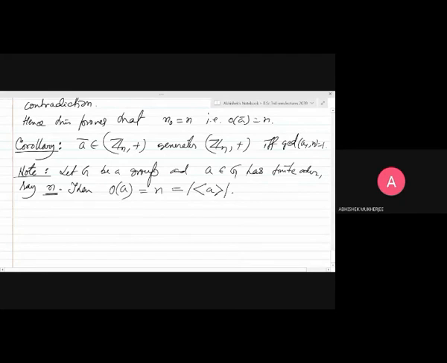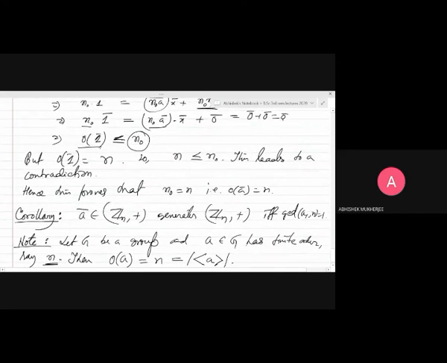That we have proved. So in general, the order of the element coincides with the order of the cyclic subgroup generated by a. That we have proved actually.